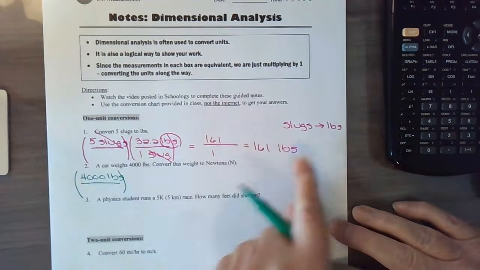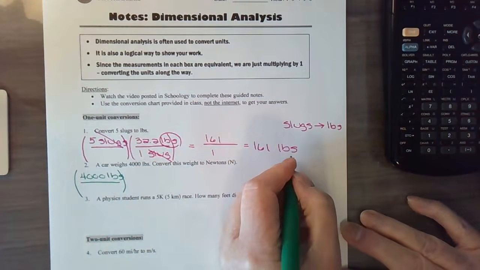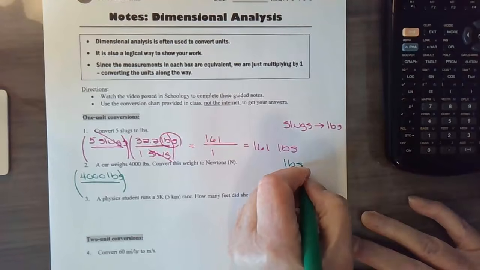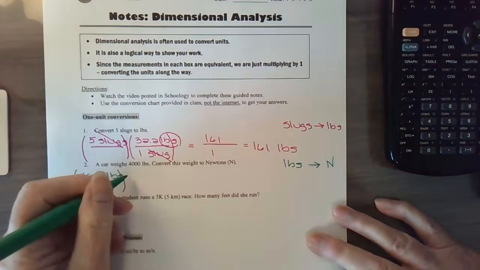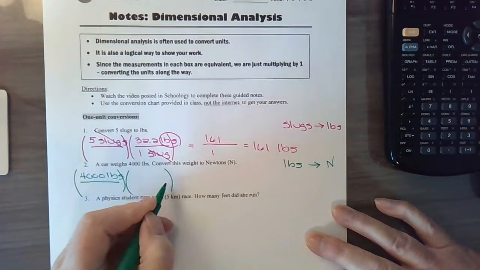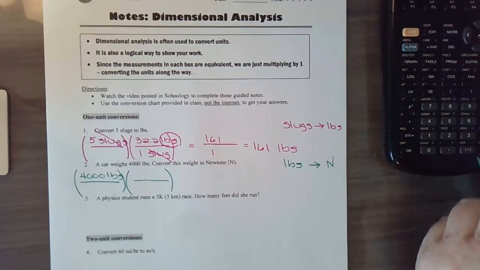I'm going to write myself a little note. I have to convert this to newtons, so I have to go from pounds to newtons. I have to fill this in with something that's equivalent.